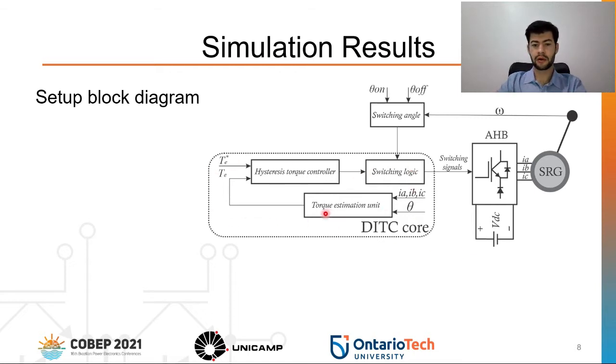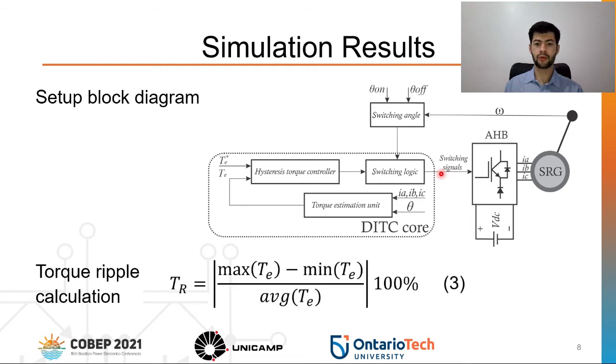Also, we have the DITC core. In the DITC core, first we have to estimate the torque through the current measurements and position. After the electromagnetic torque is estimated, we compare it with the reference value and pass it through the hysteresis torque controllers. With that, we use the switching logic along with the switching angles to generate the switching signals.